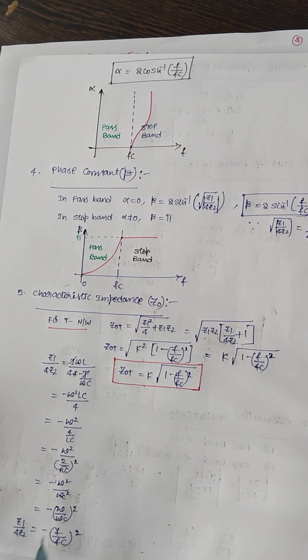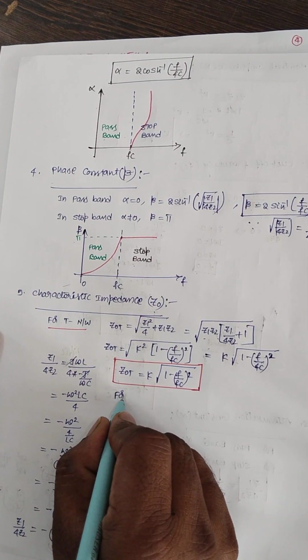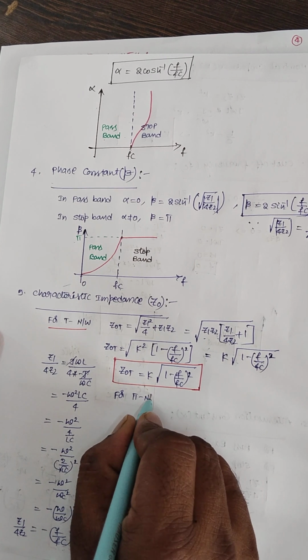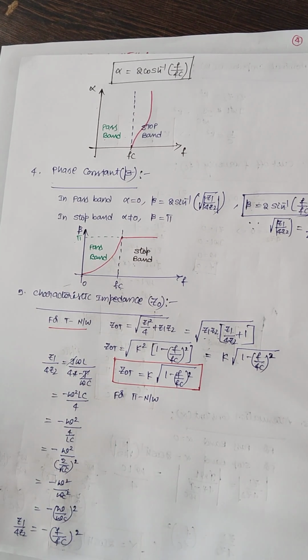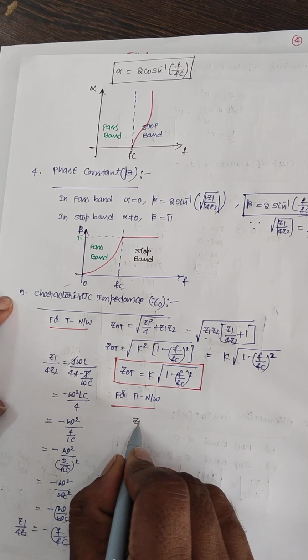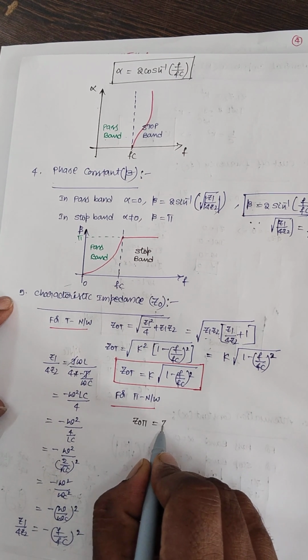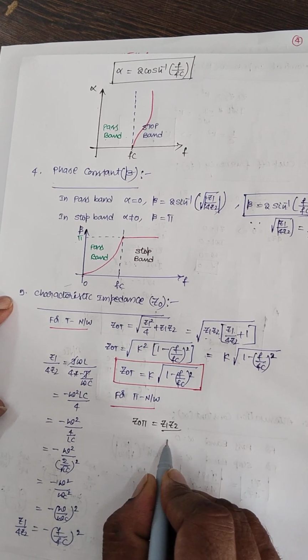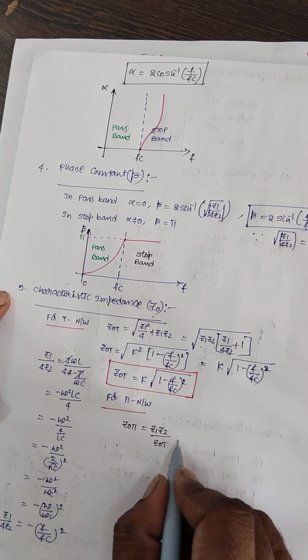Next, for the pi network, what is the characteristic impedance? Let me find here. Z0 pi is equal to, you know that it is the expression Z1 Z2 by Z0T.